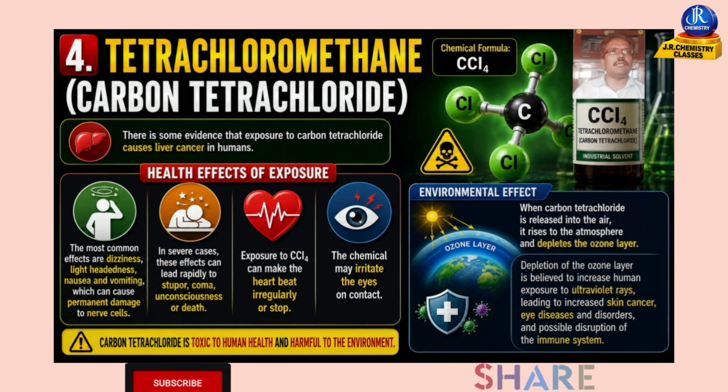In severe cases, these effects can lead rapidly to stupor, coma, unconsciousness, or death. Exposure to CCl4 can make the heart beat irregularly or stop. The chemical may irritate the eyes on contact.